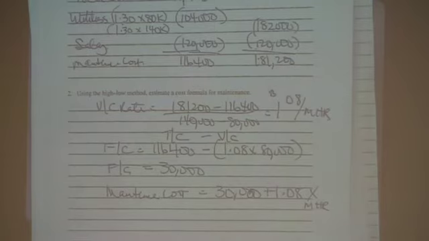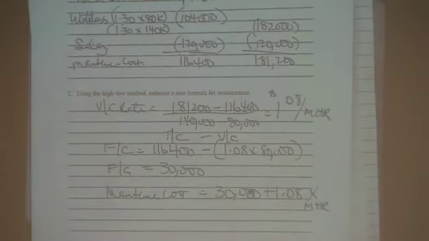Okay? Now, if I was to ask you the total cost function, then that would be the third question, right? Express the company's overall cost function, y equals a plus bx. So now we can do that. So maintenance cost was the only mixed cost.